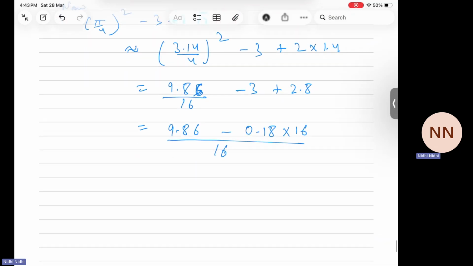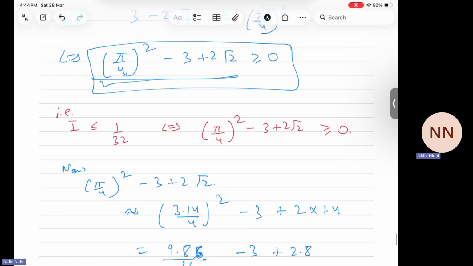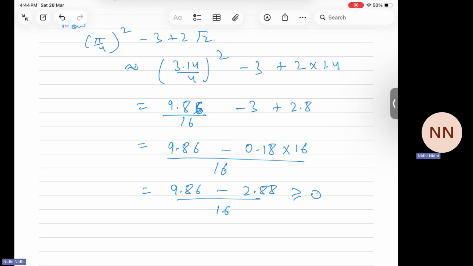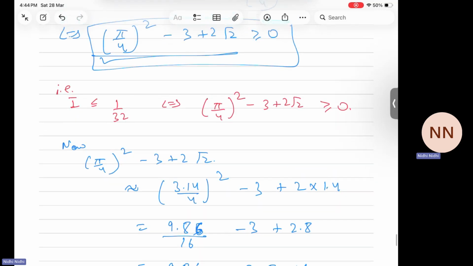So that will be 9.86 minus something like 2.88, which is obviously positive. This is always positive because there is a very high difference between 9.86 and 2.88. We can say, in fact, using this approximate value, that this will be positive.